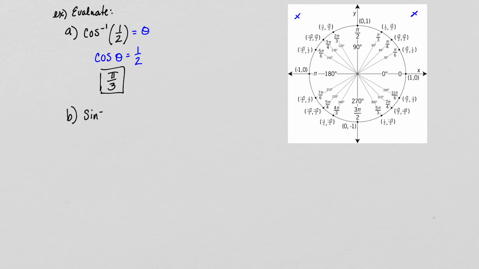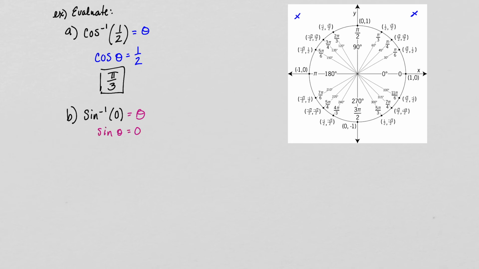So, inverse sine of 0. Again, remember we're looking for an angle. So we're saying the inverse sine of 0 is going to be equal to some angle theta. So we're saying the sine of theta equals 0.